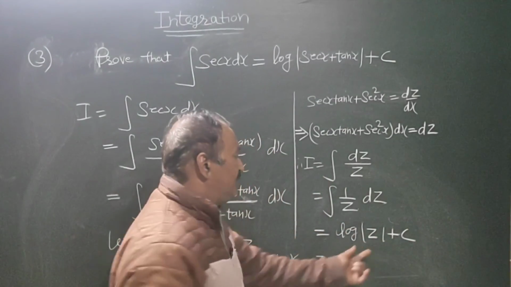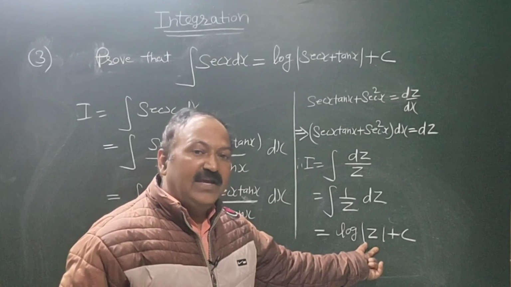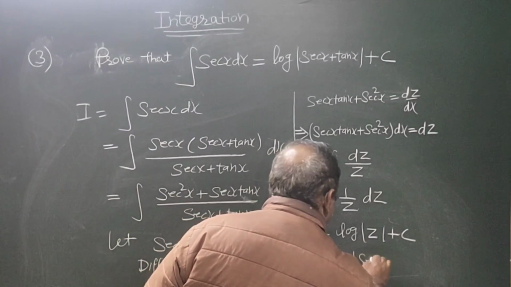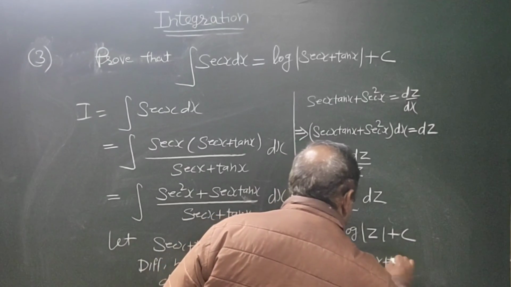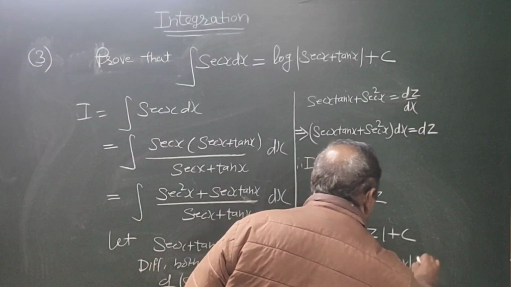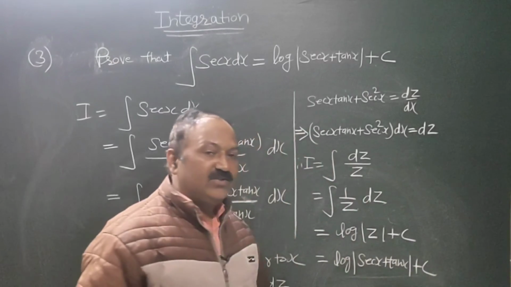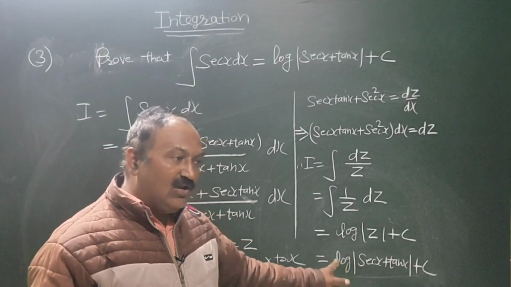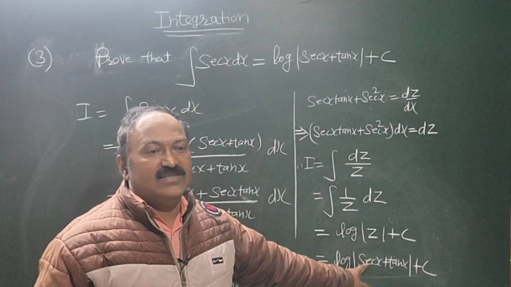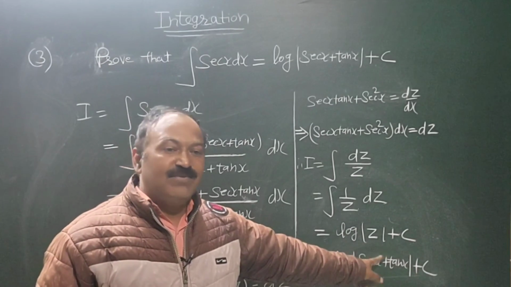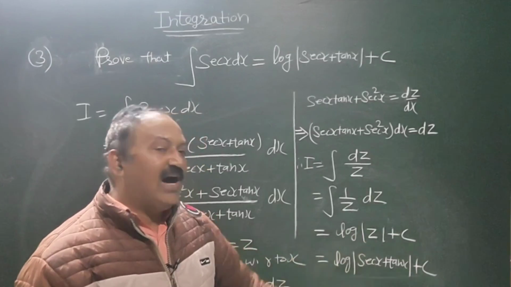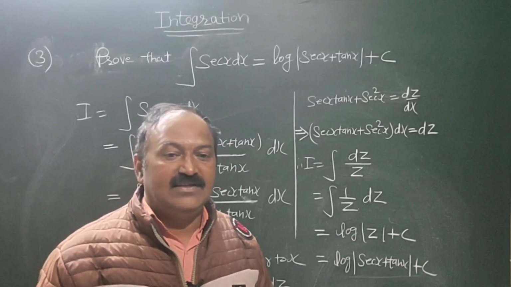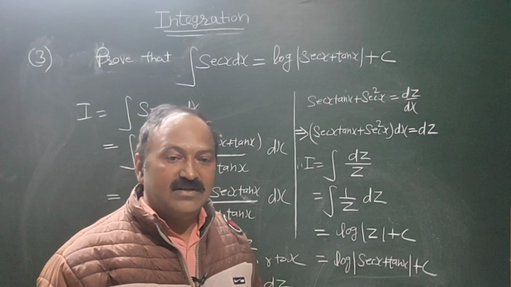After substituting the value of z, we get log of secant x plus tan x whole modulus plus c. Therefore, integration of secant x is log of secant x plus tan x whole modulus plus c. That is the formula of integration of secant x by substitution method. That's all.